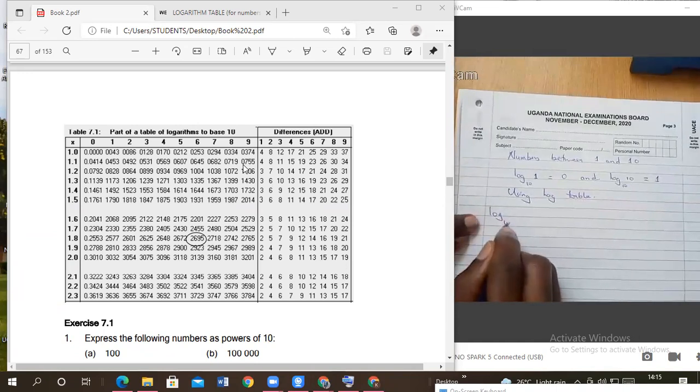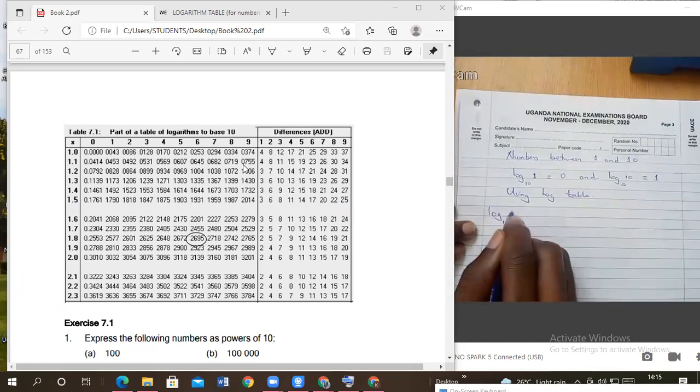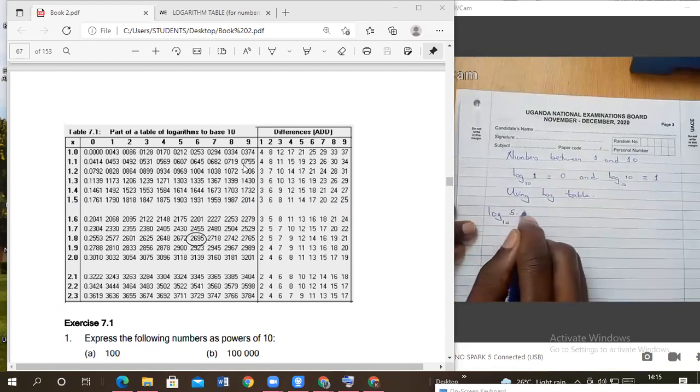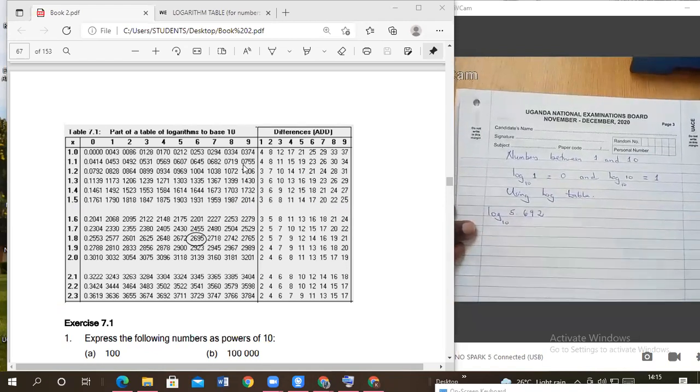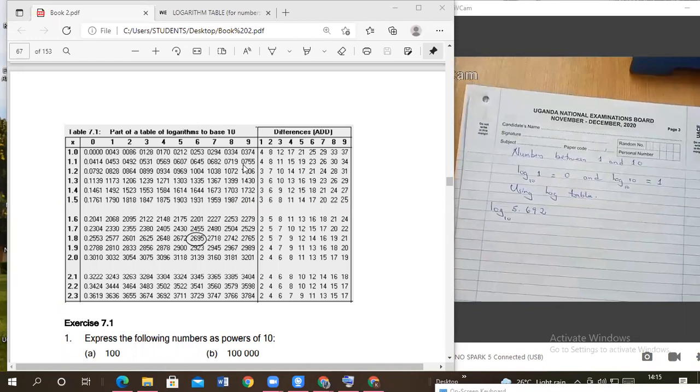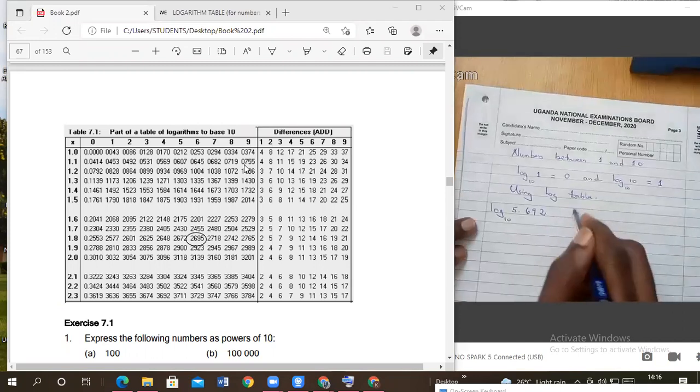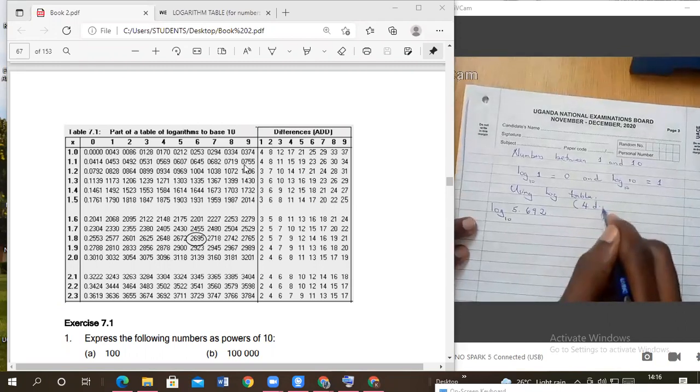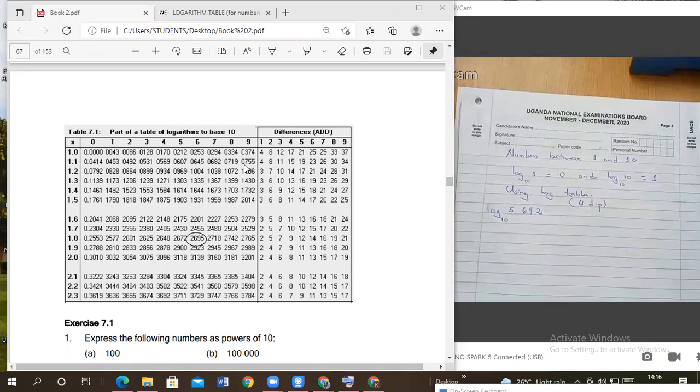Let's read log to base 10 of, let's say, 5.692. Most of the numbers are to 3 decimal places at maximum. But when we write the logarithm of that number, we write it to 4 decimal places.